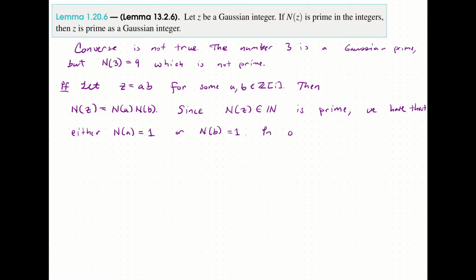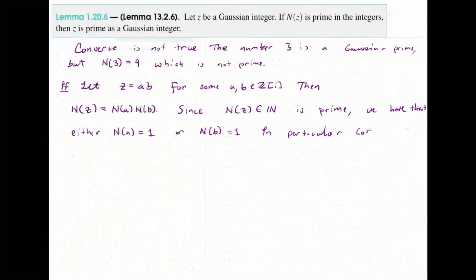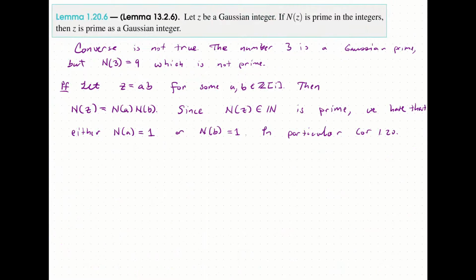In particular, by the corollary we showed earlier, and this is the one we just referred to a moment back, this is 1.20.3, the corollary implies that a or b is a unit.